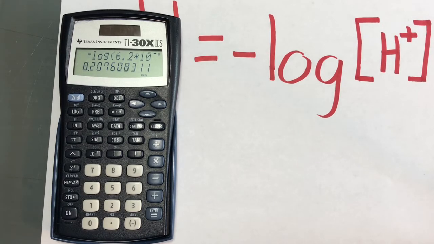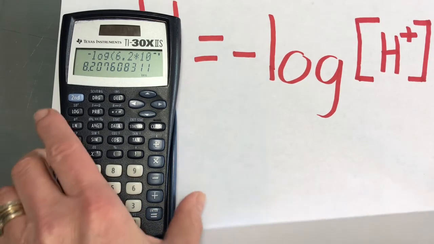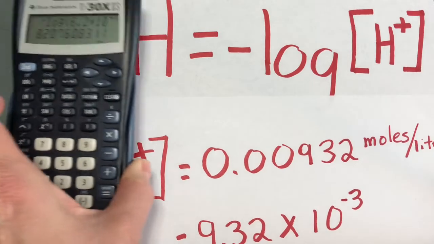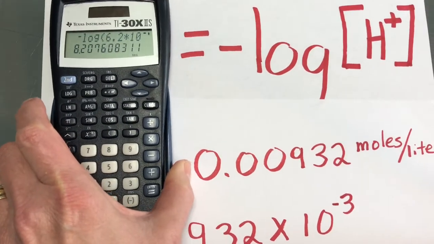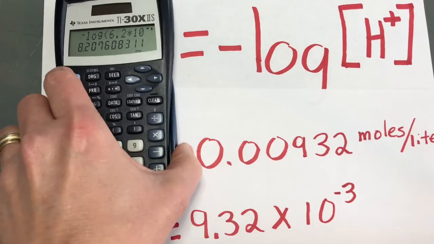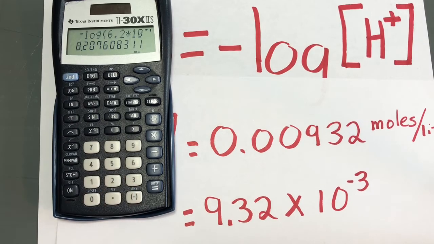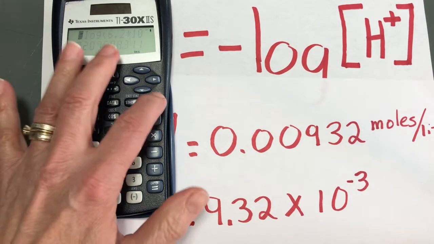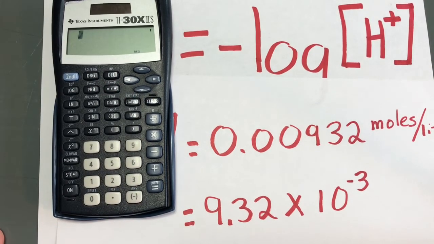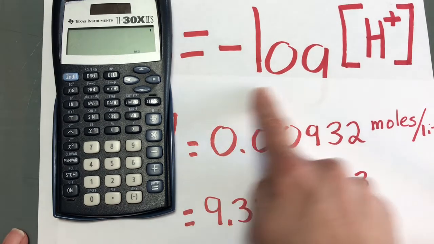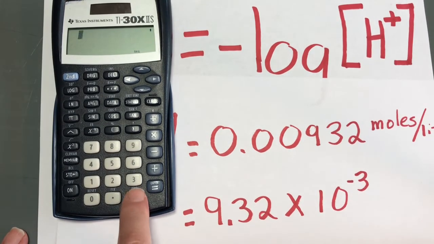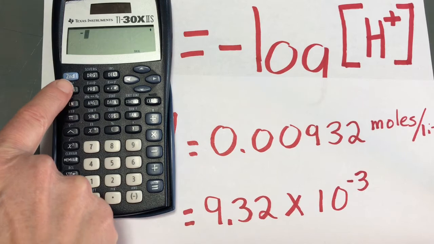Let's try that again with this problem. I'm going to stick it in just like it is in the equation. I can hit my negative sign first, then my log.